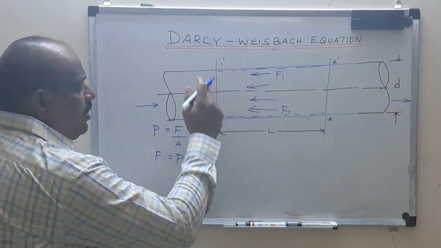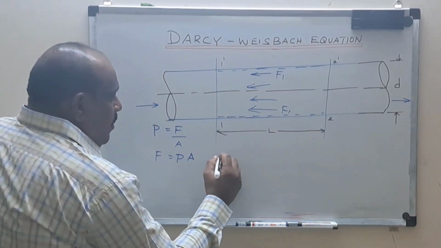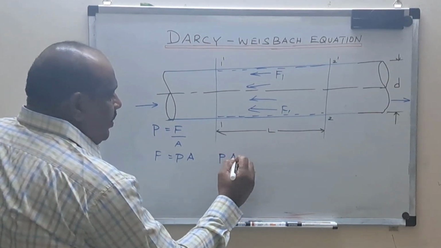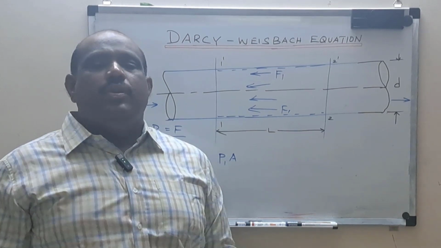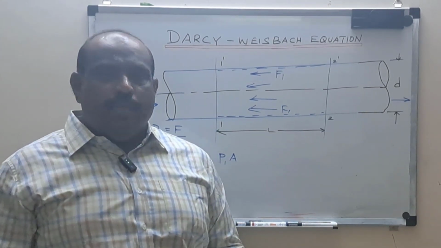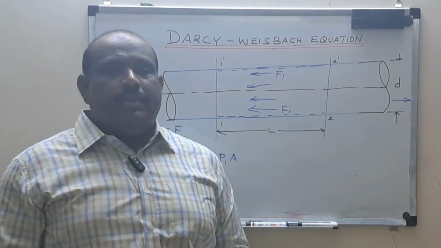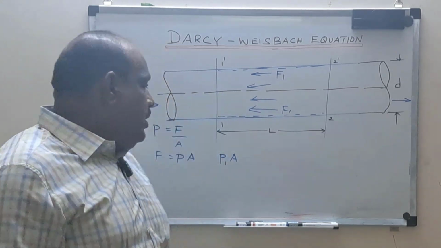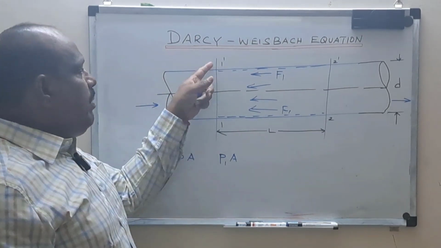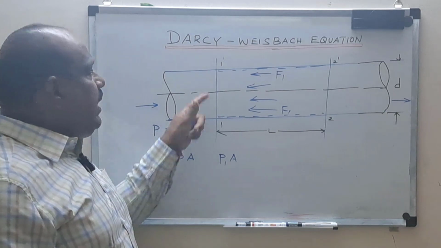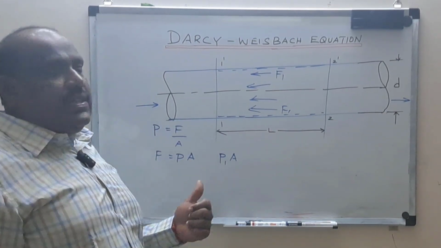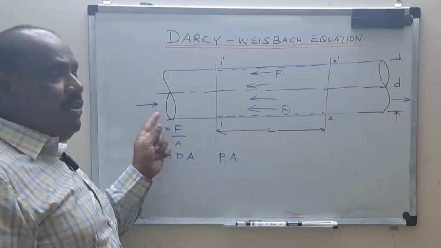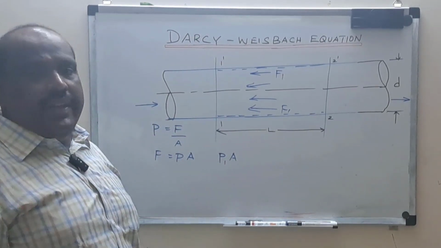The pressure at 1 dash is P1, so the force is P1 into A. Why am I not putting A1? Because A equals A1 equals A2, so we can have A alone as a common term. There is no need to have A1 and A2 separately. So the pressure force available for the fluid at 1 dash is P1A.